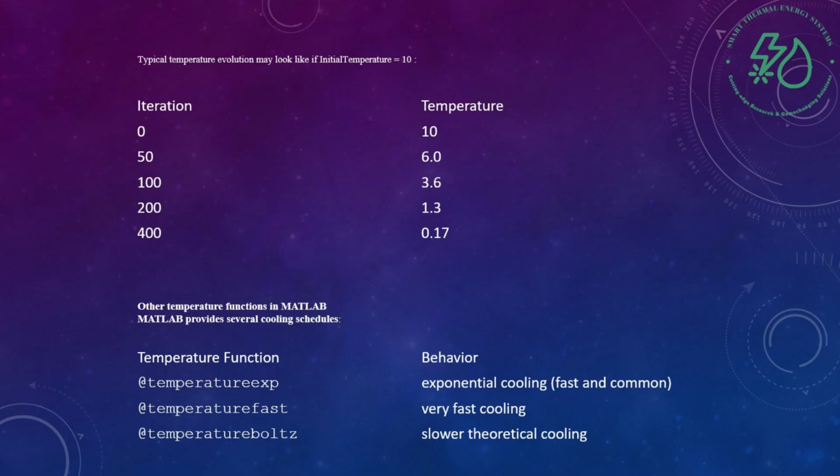And we have another temperature function. It is fast, and it means we will have very rapid cooling with selecting this option. It focuses on local search, and the temperature fast would be useful when the problem is relatively simple or when we need faster results, so we can accept a higher risk of getting trapped into local minima.